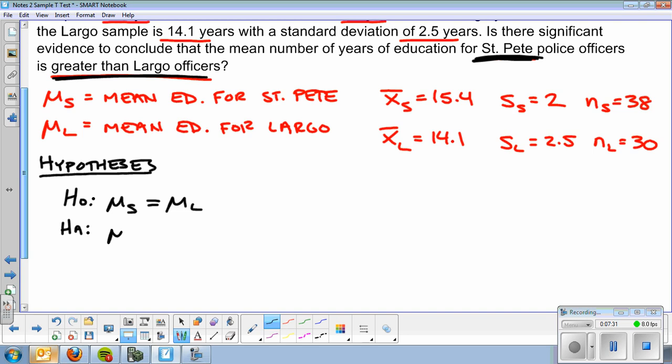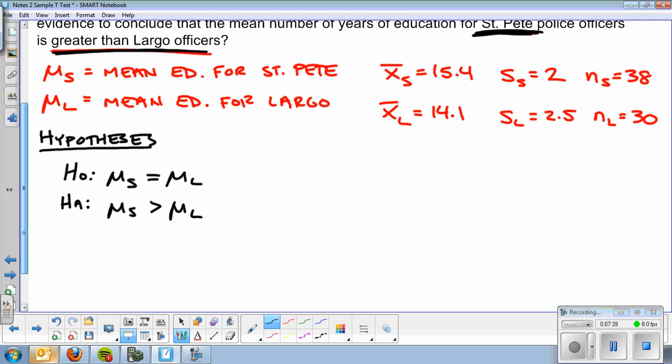So mu sub S, the mean education level for St. Pete is greater than the mean for Largo. So there are my hypotheses. Now, I already took care of what mu equals in words right above that, so I don't need to write that again. Okay, conditions.